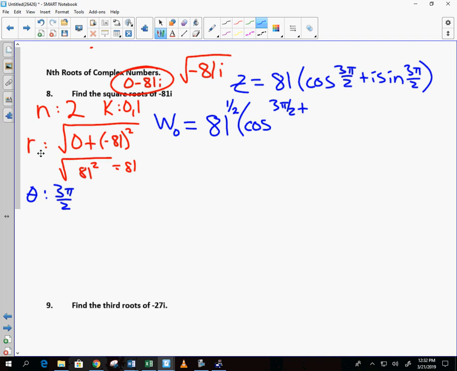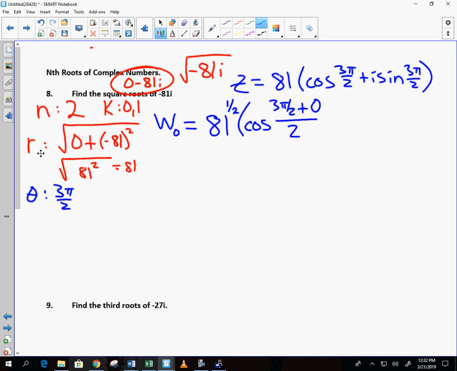Well, what's k? 0. Over why 2? Because it's divided by n, and that's what n is.